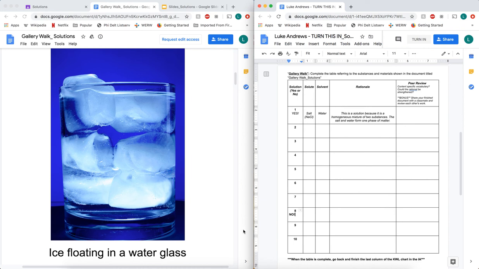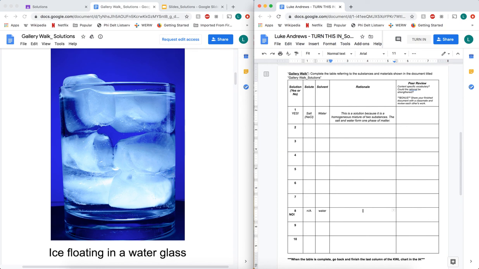Another thing, what is the chemical difference between ice and water? The structure of the molecules, one's solid, one's liquid, but they're both H2O. So in this case, there is no solute. The solvent would be water.